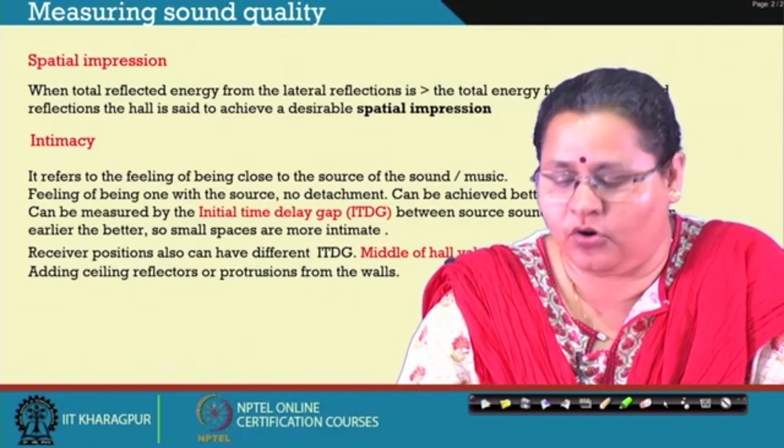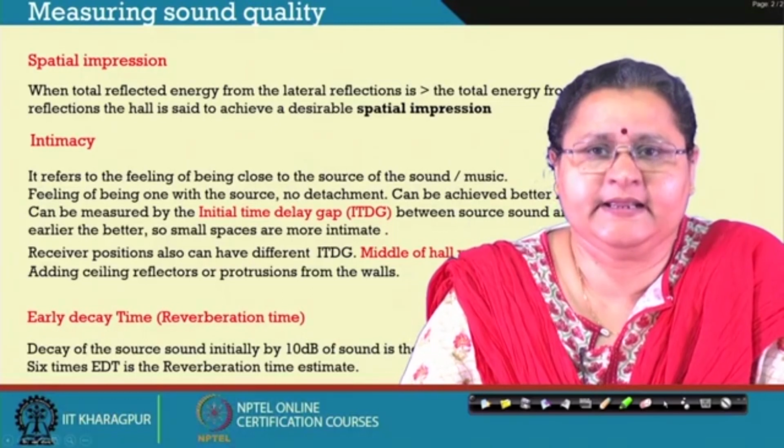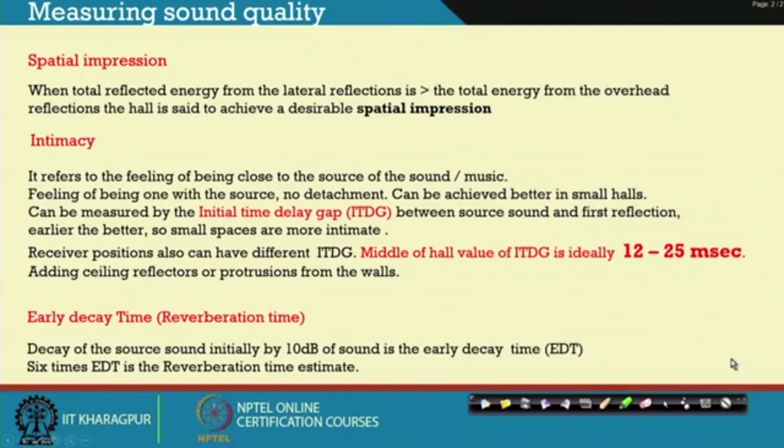So that you can achieve a better hall. Early decay time also indicates a portion of the reverberation time. The first 10 decibels of sound decay is called the early decay time, and the later decay takes around 5 times that, so in total it is 6 times the early decay time, which forms the reverberation time.